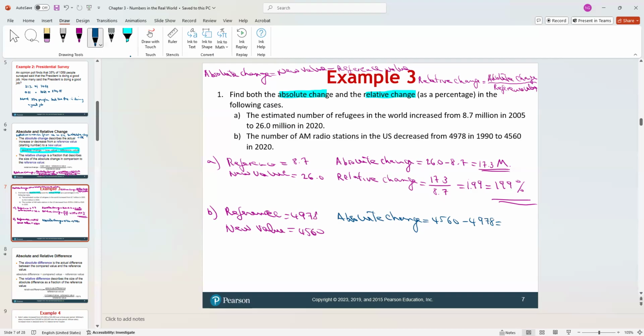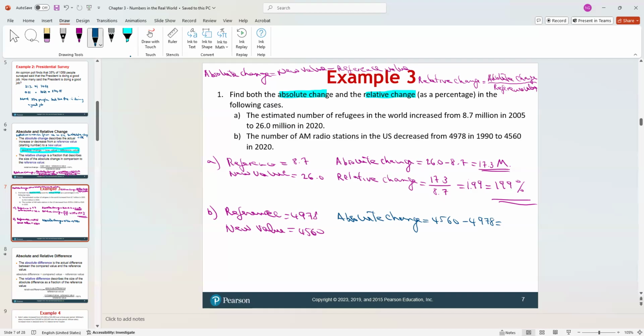What is the answer for this one? Let me grab a calculator. I don't have it in a calculator. Let's try. It is negative, right?